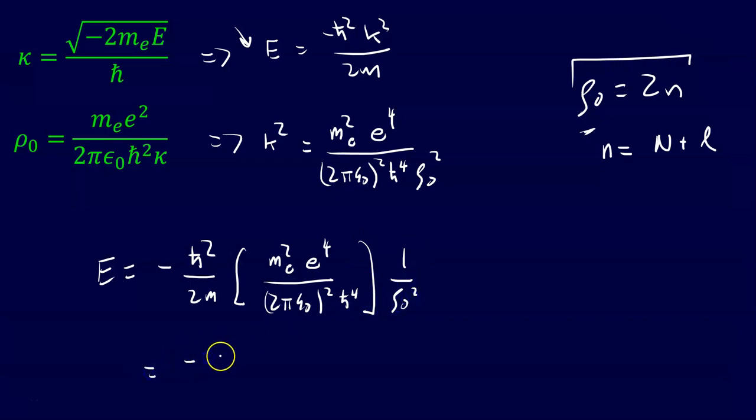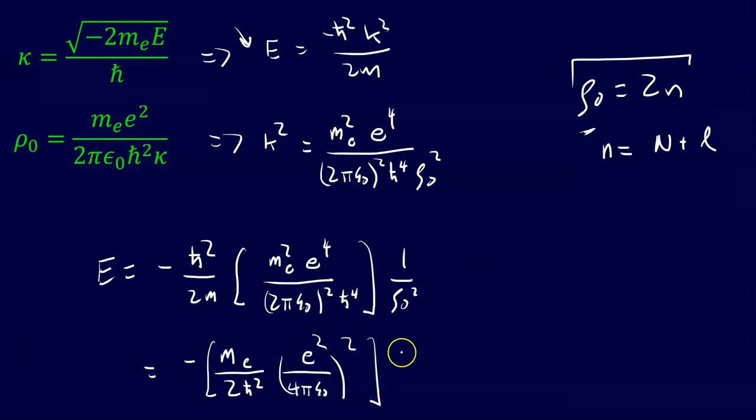And if I clean this up a little bit, I get negative the electron mass over 2 h bar squared, and here's how people prefer to express this. And then again from rho naught, we get a factor of n squared, where I've already worked the 2 into there. And so this is our famous equation for the energy of the hydrogen atom, and it's quantized.